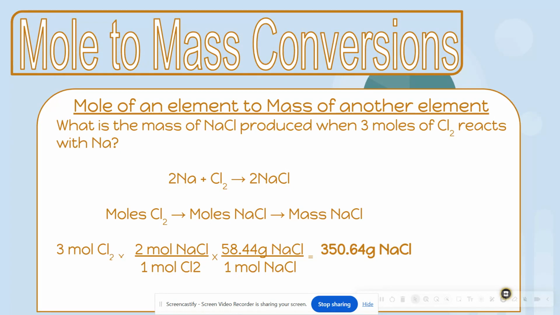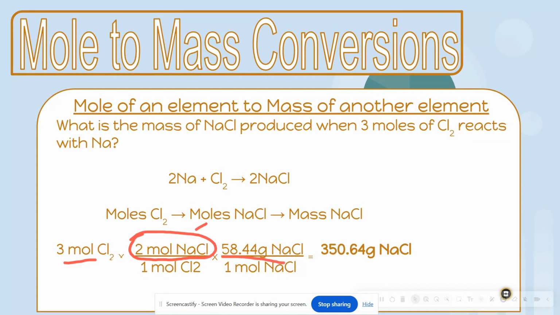We start with our given, which is 3 moles of Cl2. We're going from moles of Cl2 to moles of sodium chloride. Then we have to go to mass of sodium chloride.